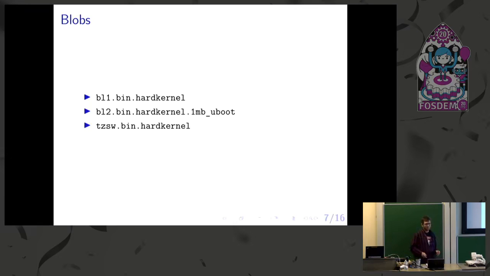All these 3 blobs need to be signed. Hardkernel signs the TrustZone handler and BL2 upon request on their forum, but this is a little bit cumbersome to change them, so we decided we will replace U-Boot, just U-Boot.